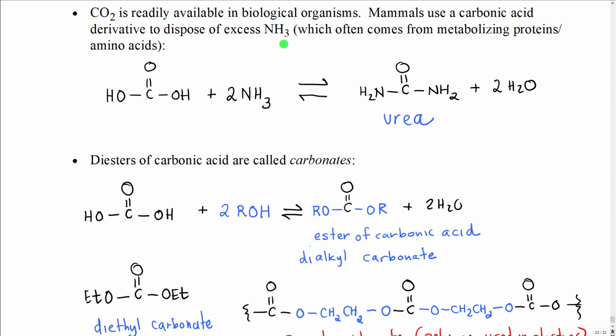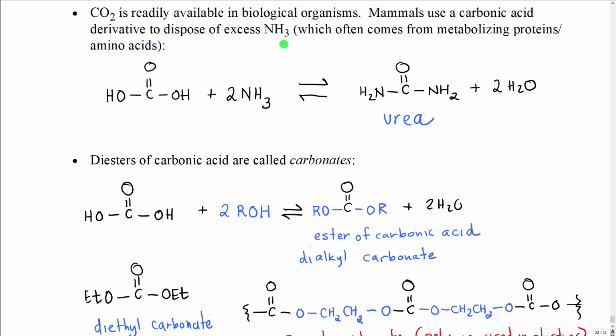Now, the way that most biological organisms, larger organisms, dispose of waste products like ammonia is that they put them into the bloodstream. The bloodstream would move to some type of organ which would filter out the undesired waste products. For example, our kidneys are used to filter out waste products, okay?